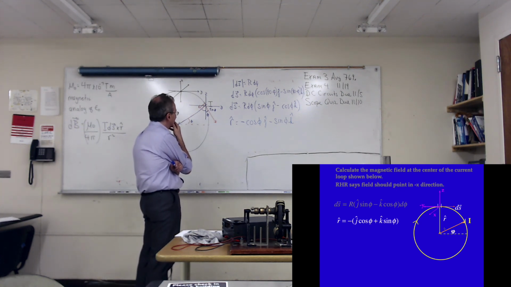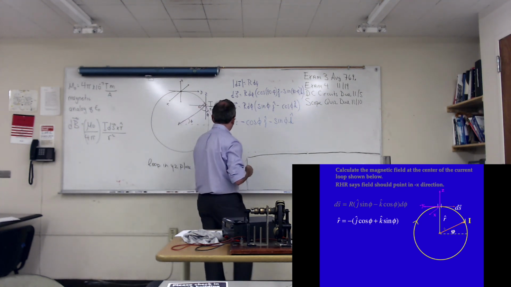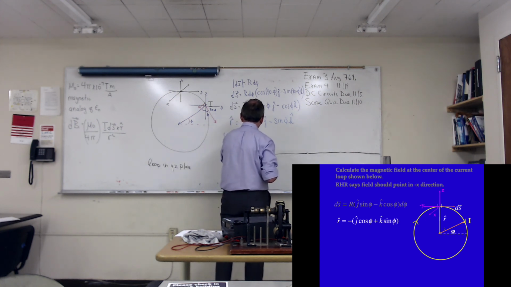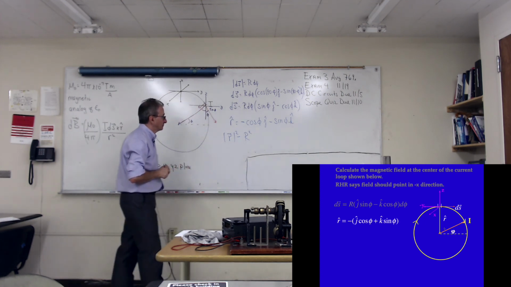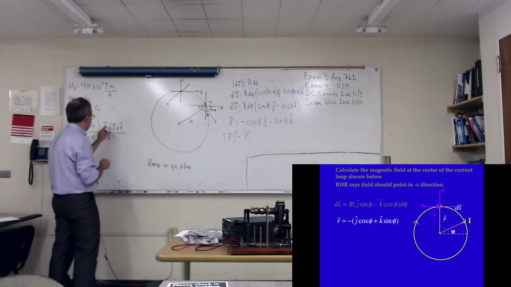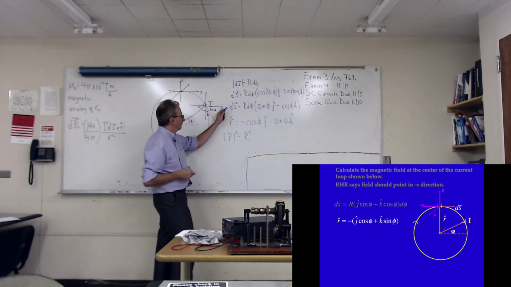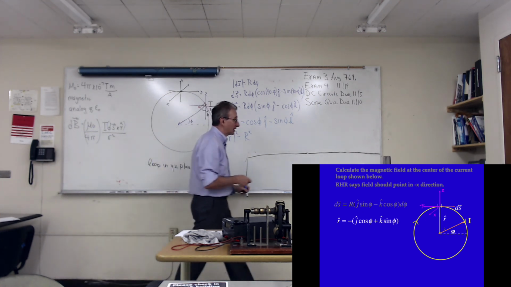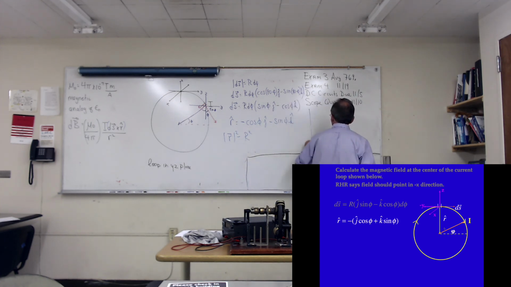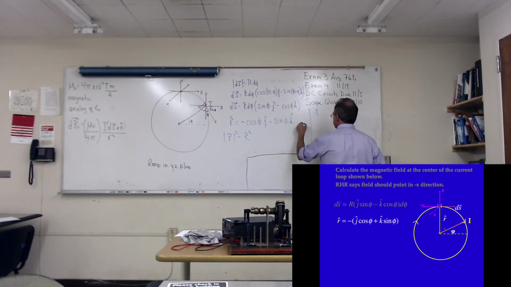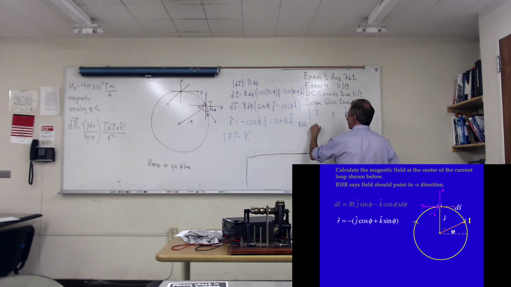Okay. And r squared, that one's easy. It's just the radius squared. My next job is to calculate this cross product. I need to take the cross product of this with this. So I actually have to go through and do the following.